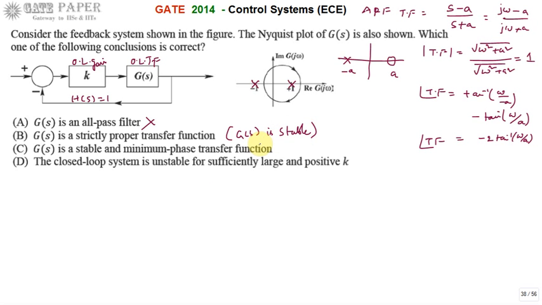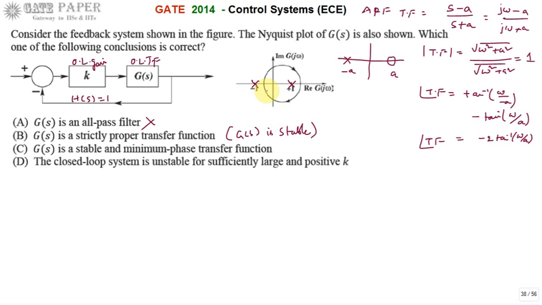If the open loop transfer function is stable, then it is called a strictly proper transfer function, because whether G of S is stable or unstable, we can make the closed loop system stable. That you can study in the Nyquist plots. So if G of S has all the poles on the left half of the S plane, then it is called a proper transfer function.